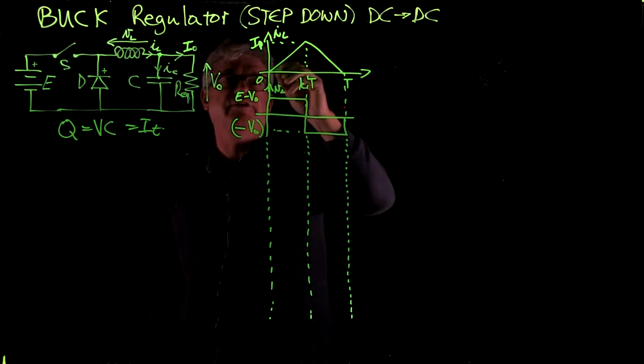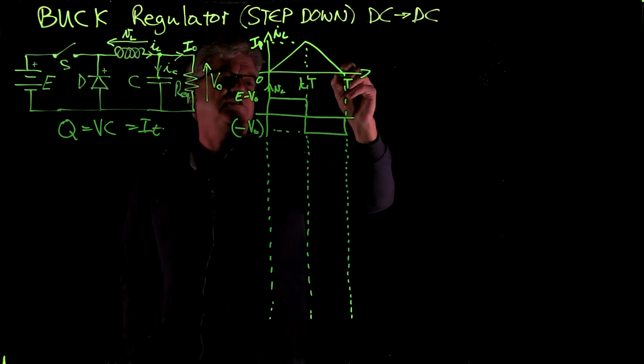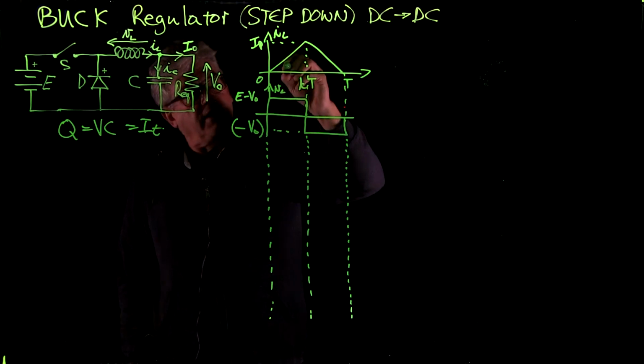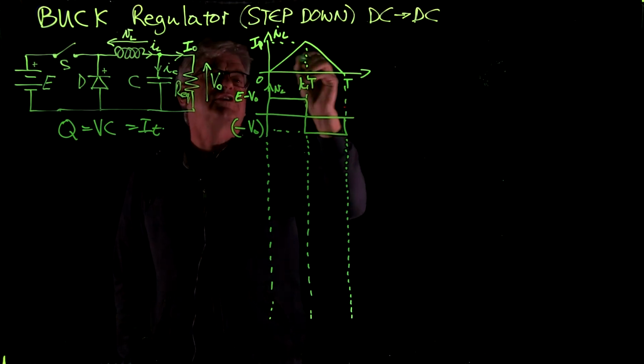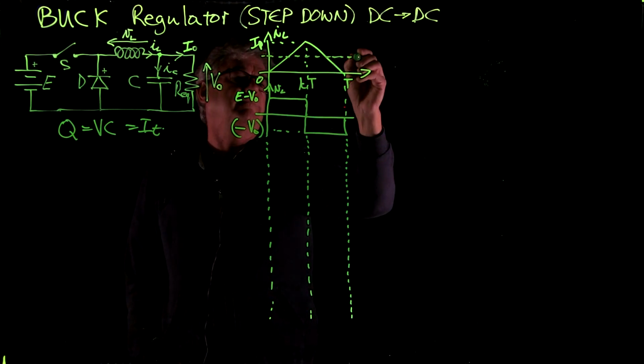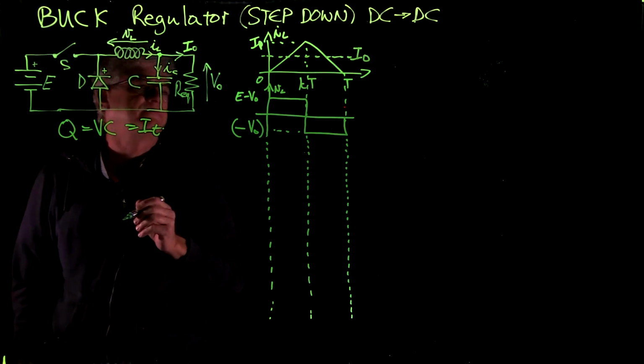So here I have the inductor current, continuous conduction mode, and I can determine the average current through the inductor, and I've put it down here as I out.